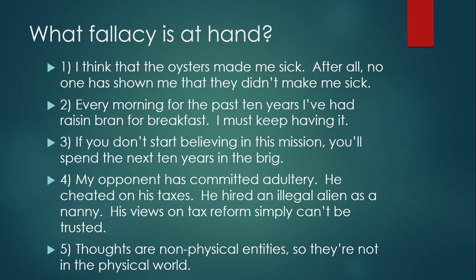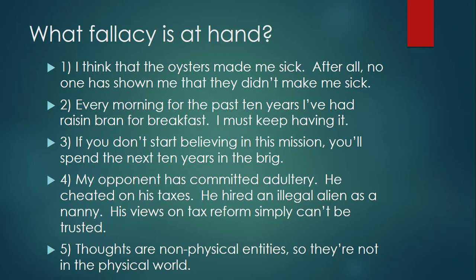Number 5: thoughts are non-physical entities, so they're not in the physical world. What kind of fallacy is at play here? The fallacy at hand here is begging the question. We look at the conclusion, that thoughts are not in the physical world. We have the indicator word there, so, and what follows after so is the conclusion.